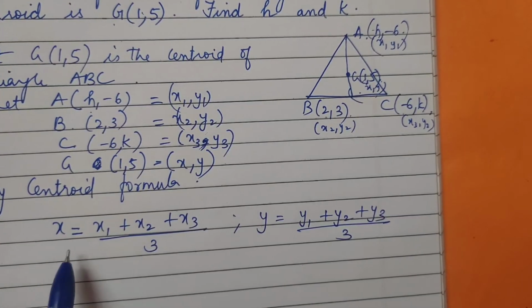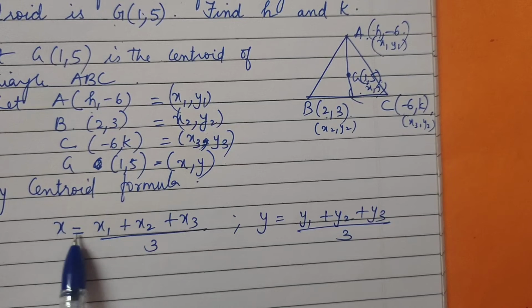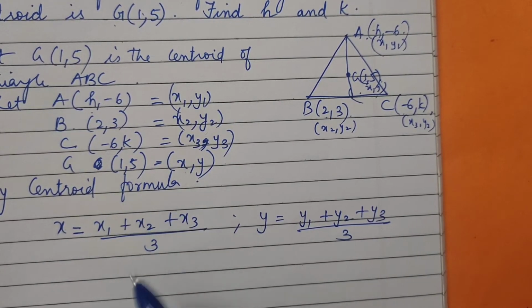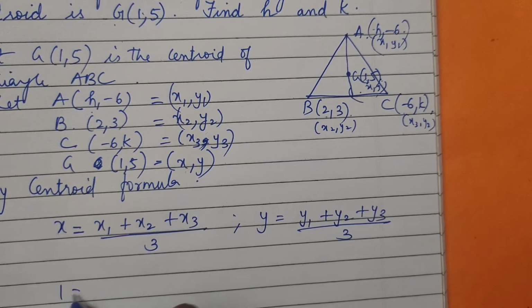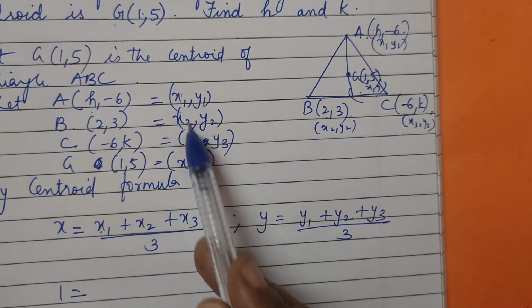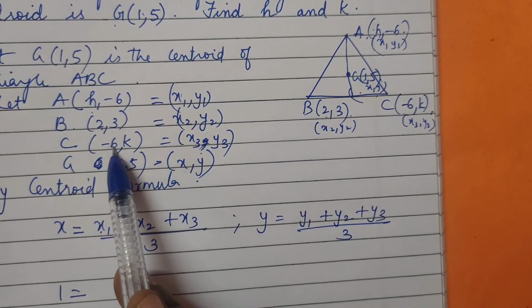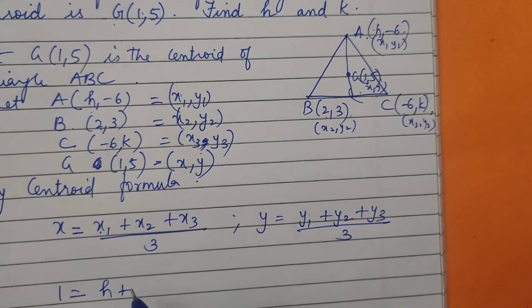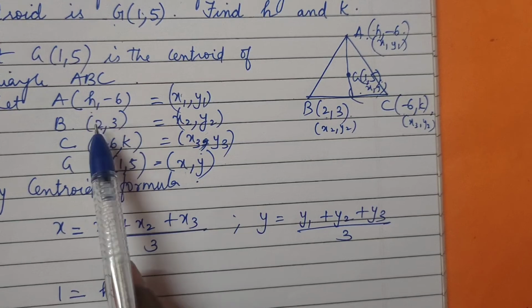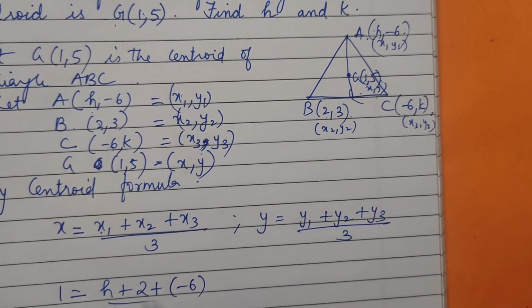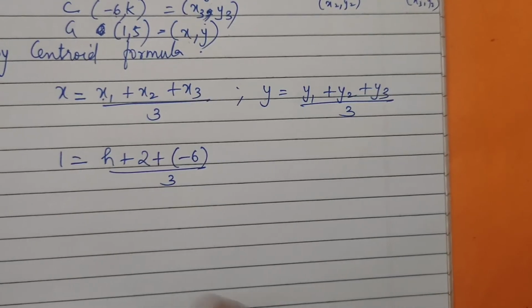Now we have to very carefully substitute. Where is our x? This is our x. What is the x coordinate, dear? 1. 1 equals x1, see, the first column of all three: h plus 2 plus minus 6, upon 3. I'll first complete this part.